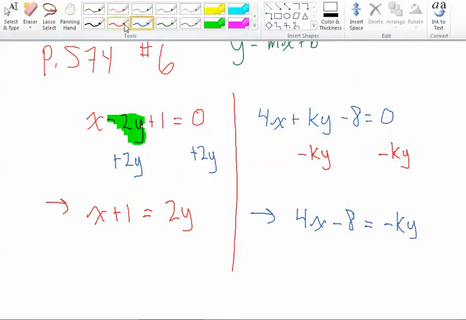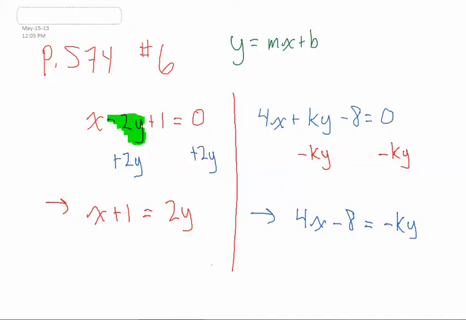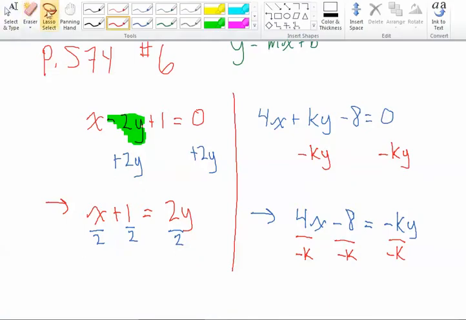So now in each case, what I have to do is divide out our coefficient. On the left, I'm going to divide everything by 2. And on the right, I'm going to divide everything by negative k. And now we're going to simplify.